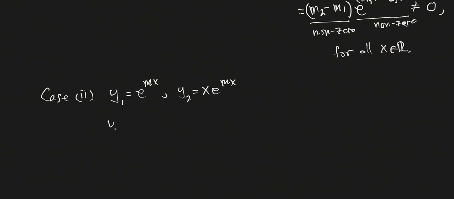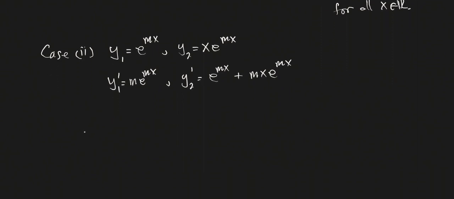So I know differentiating y1 will give me m e to the mx. Now for y2, I have to use my product rule. So I will have e to the mx plus mx e to the mx. There we go, right? So now let's set up our Wronskian.